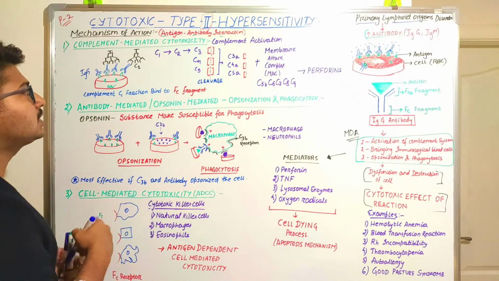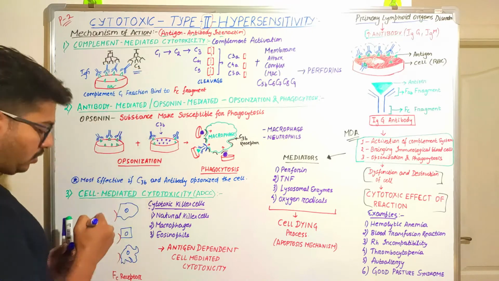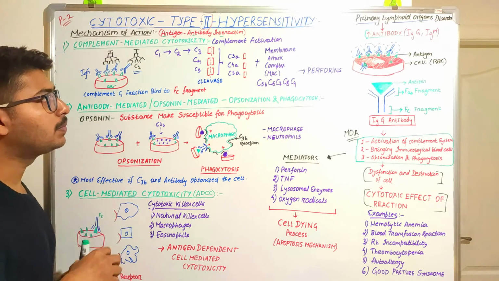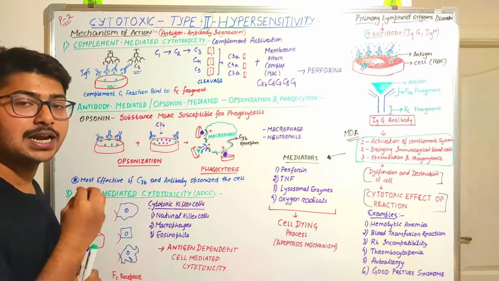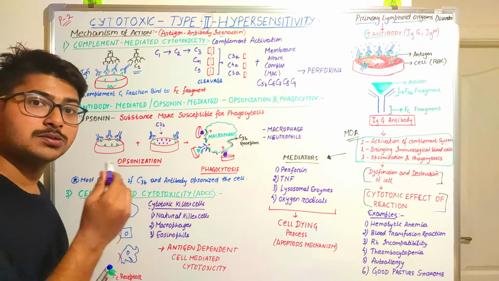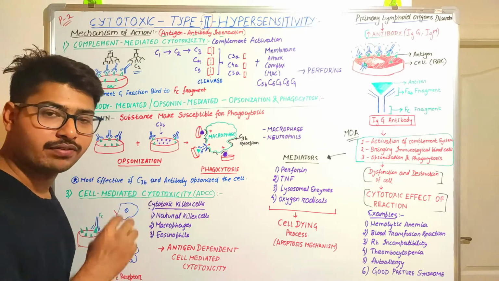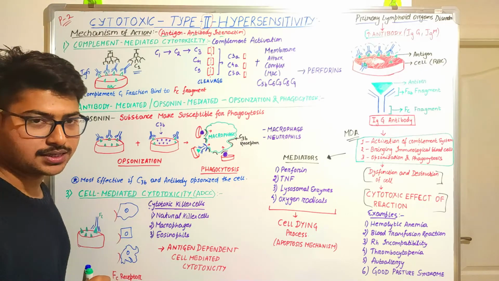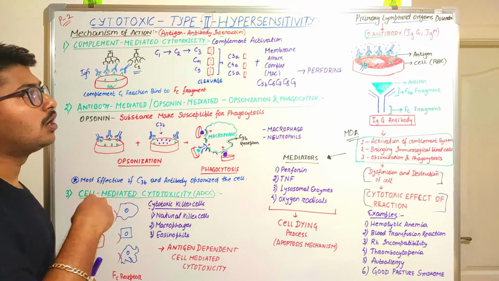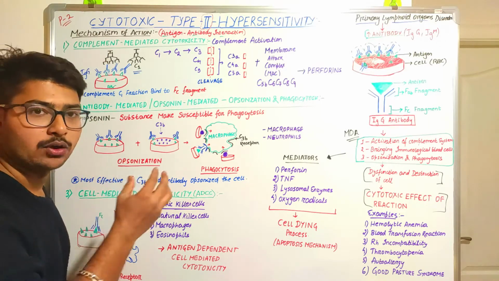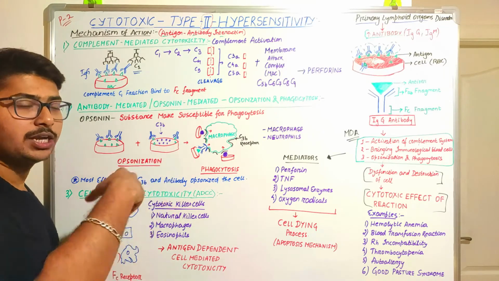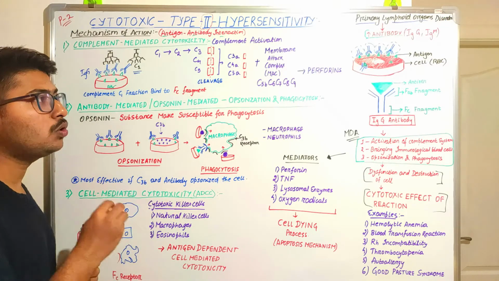What do I mean by complement proteins? These are a group of small proteins present in the plasma and responsible for performing different kinds of immunological reactions, as in the case of infections, when there are microorganisms and the antibody is attached to them.